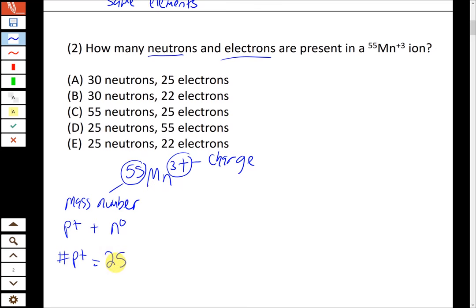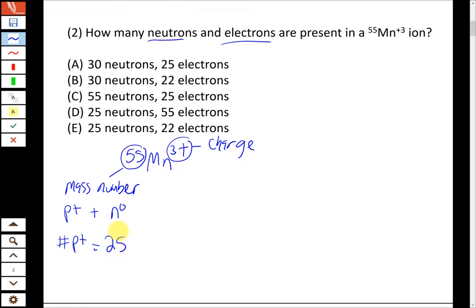Now that answer is not actually part of what we're looking for, but again, we need that to find the number of neutrons. So then to find the number of neutrons, it's just going to be the mass number 55 minus the number of protons, which is 25. So again, this number here, 55, is the sum of the two, so that gives us 30 neutrons. All right, neutrons plus protons equals mass number, so it's just simple algebra.